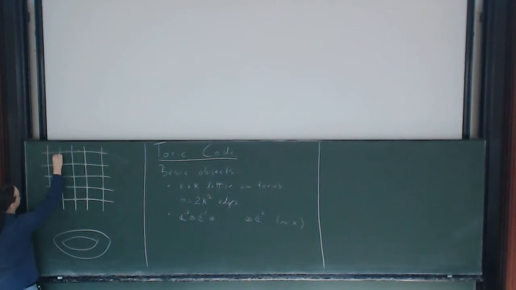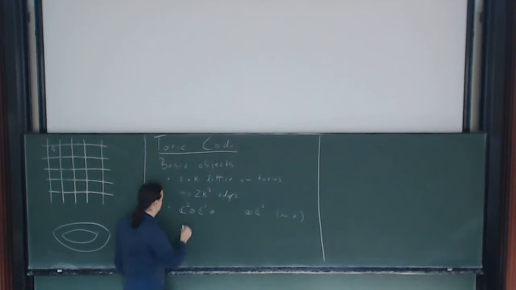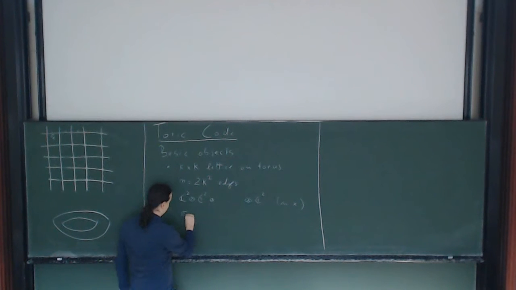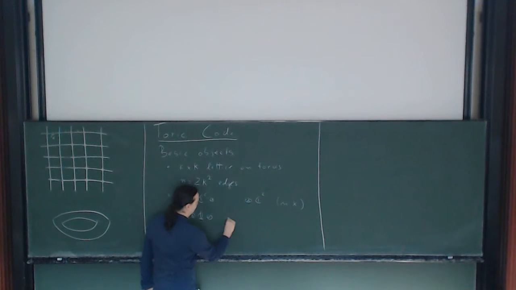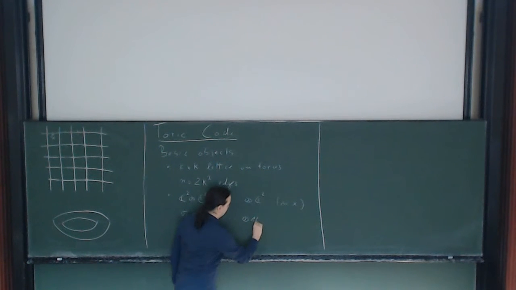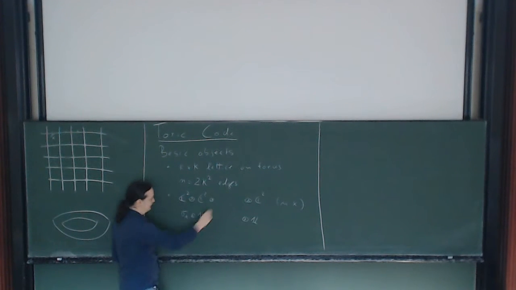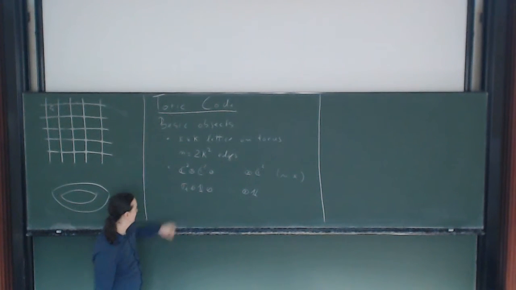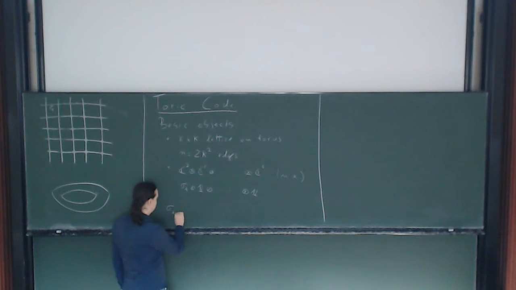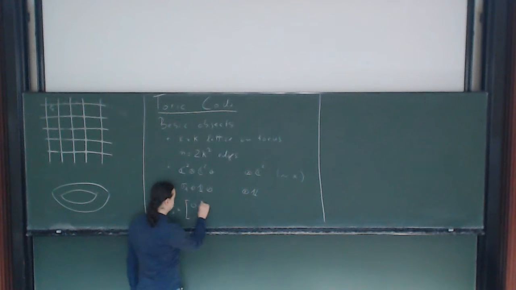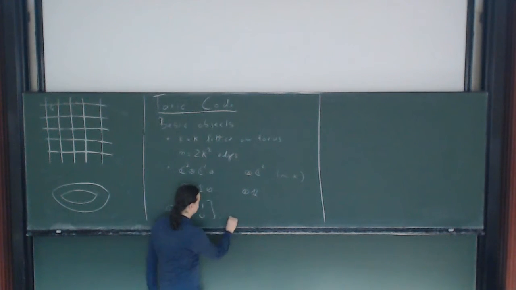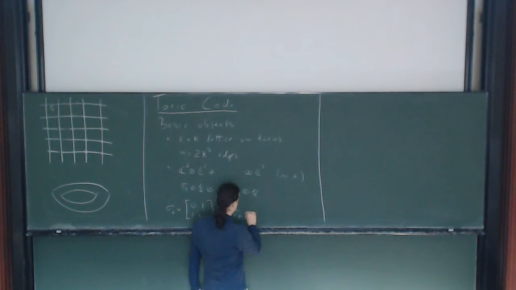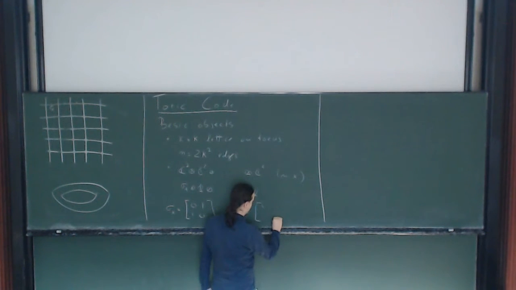So if on the first edge I put sigma x, then what I mean by this is the operator which is sigma x on the first factor and the identity on all the other factors. And the only Weyl-Heisenberg individual operators we'll need are sigma x and sigma z, and of course, tensor products of these.